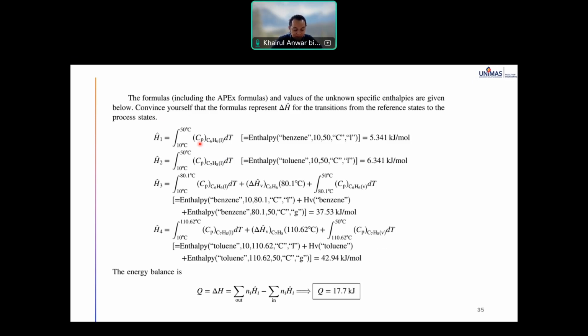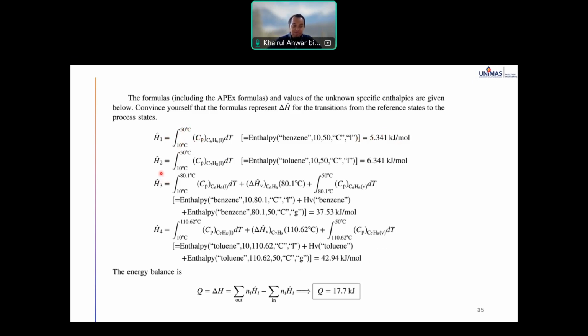So you see the table capacity up there, Cp equals A plus Bt plus Ct squared plus Dt cubed. In this case, for benzene, only A and B. So you need to integrate to T and plug in this value, meaning 50 minus 10. Make sure you get this value.